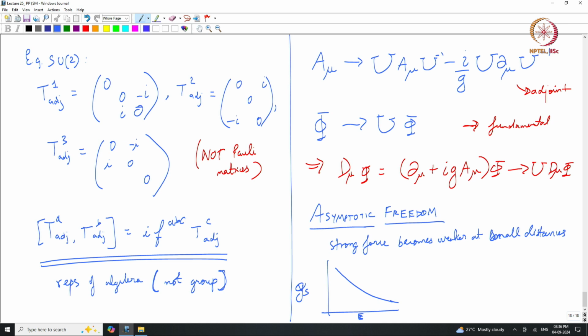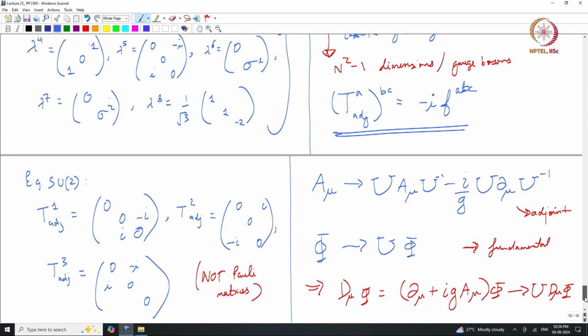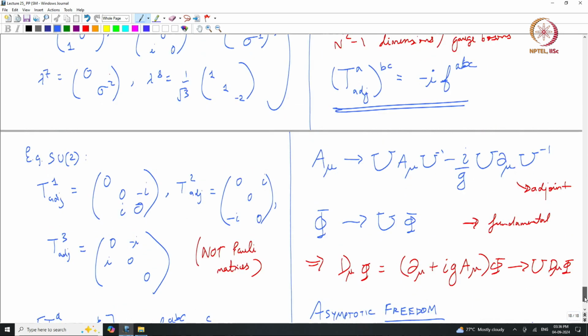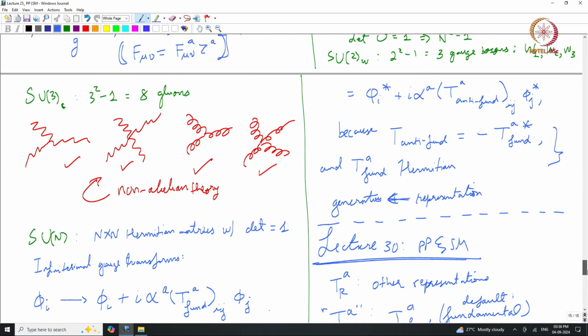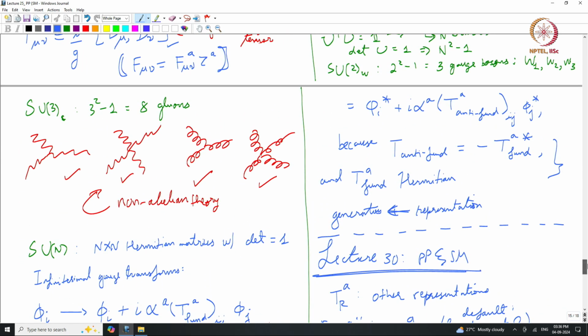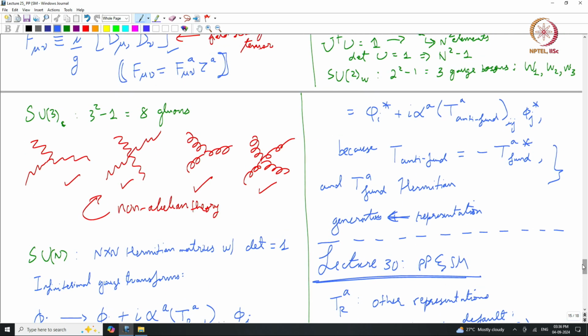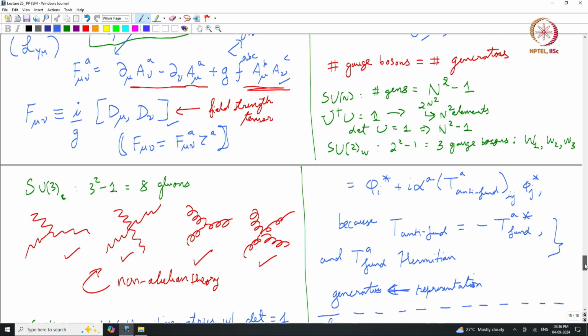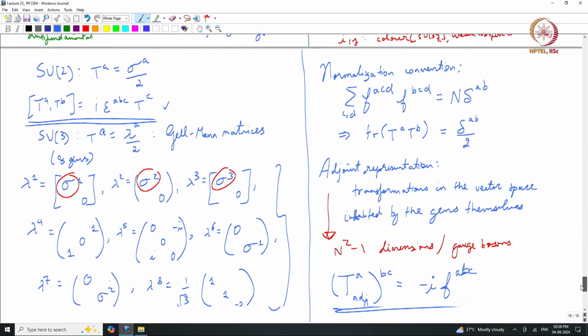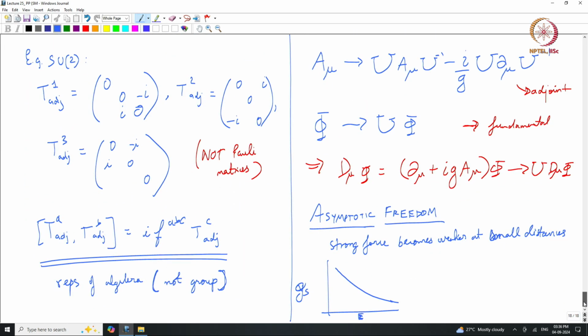Now we can see that this sort of behavior is a direct consequence of having a non-abelian theory. Just from all this structure, we got vertices like these, and we'll see shortly how you get asymptotic freedom as a direct consequence.